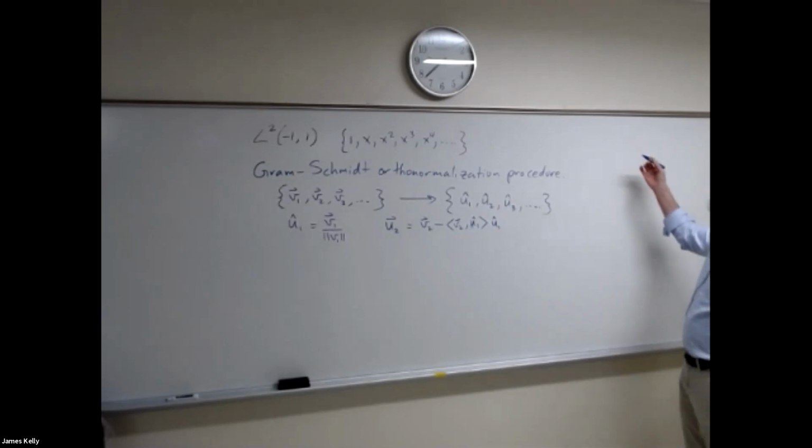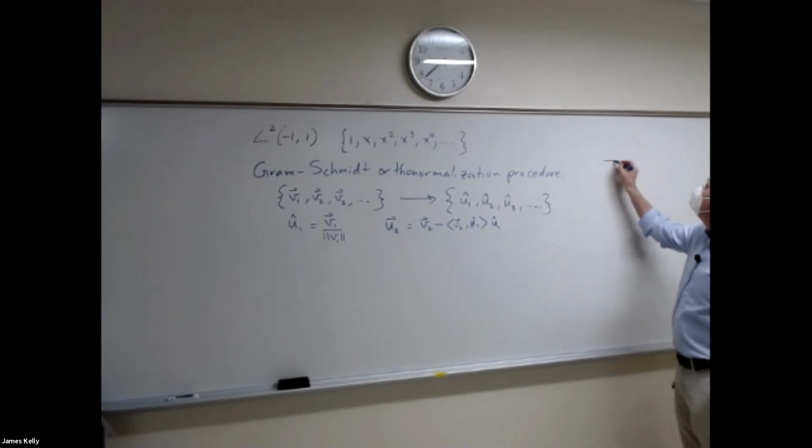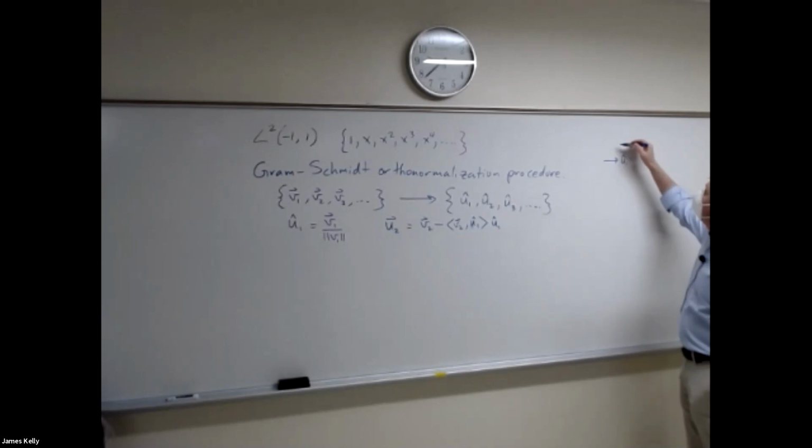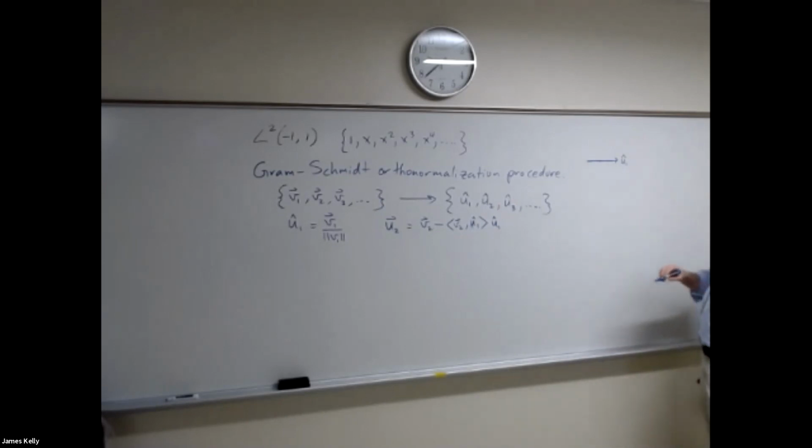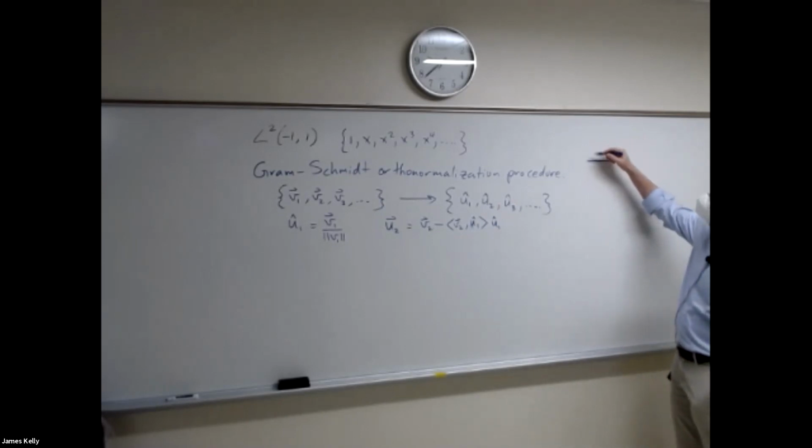Okay, what does that look like in a picture maybe? Let's imagine here's my normalized u1 hat, and let me draw this as maybe longer. And let's imagine that v2 happens to look like this.